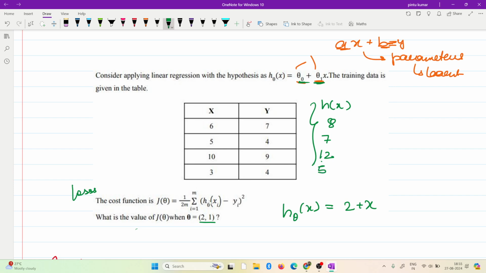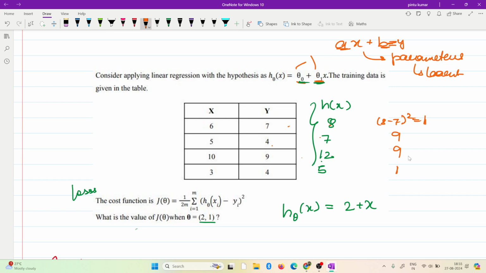And now what is J theta? J theta is the sum of all errors divided by 2m. Okay. So the error over here is 8 minus 7 squared. 8 minus 7 squared is 1. Here we have 3 squared is 9. Here again we have 3 squared is 9.